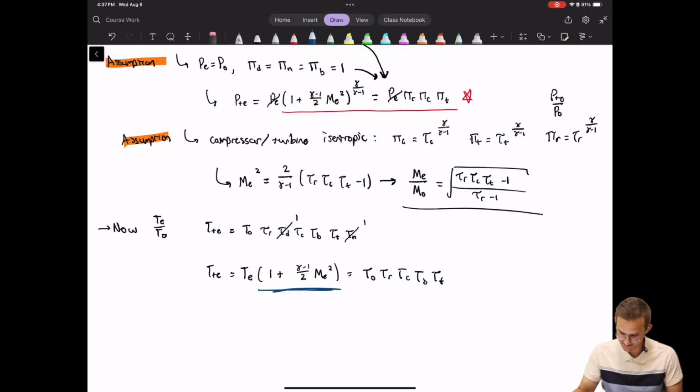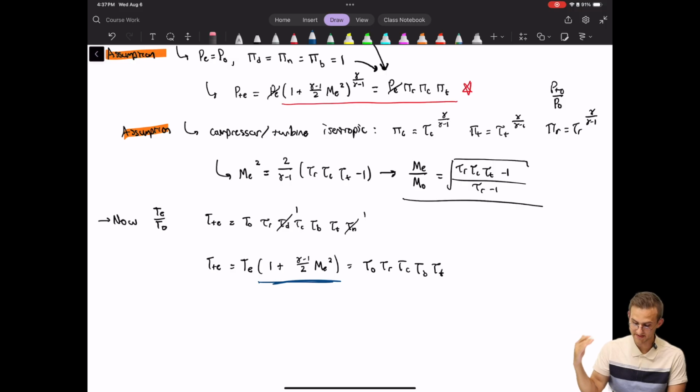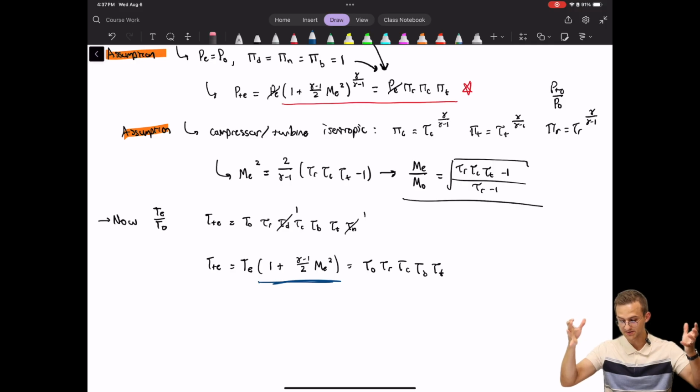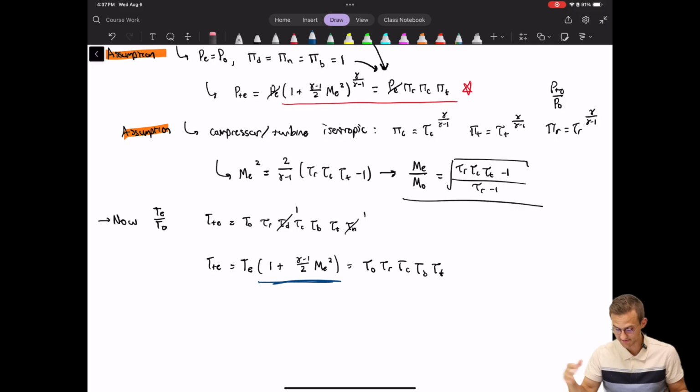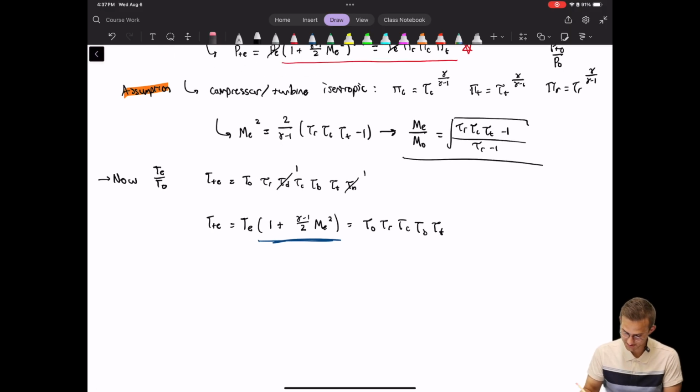Because pi r, pi c, pi t is equal to 1 plus gamma minus 1 over 2 Me squared raised to the gamma over gamma minus 1, we have made this isentropic assumption, so we can get rid of that exponent and write the product of tau r, tau c, and tau t in terms of just that value right there.